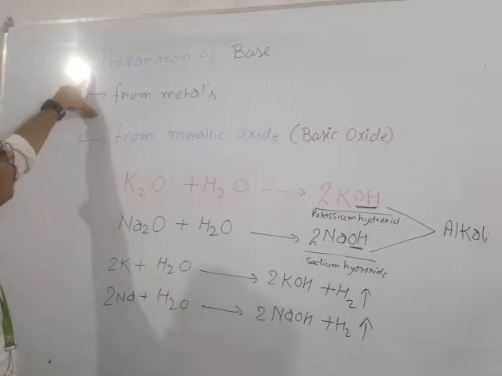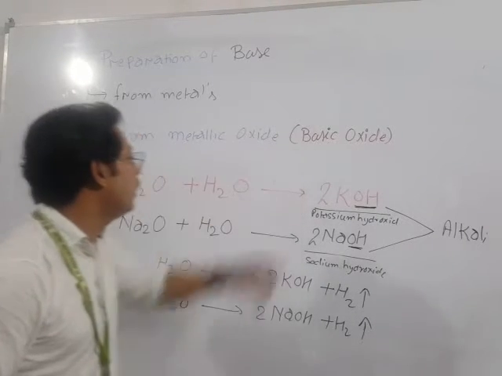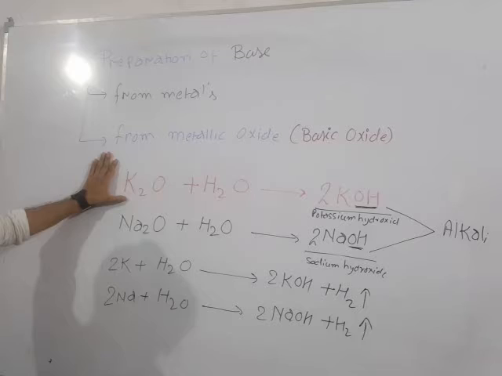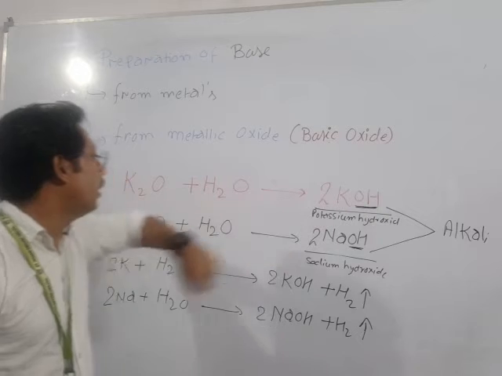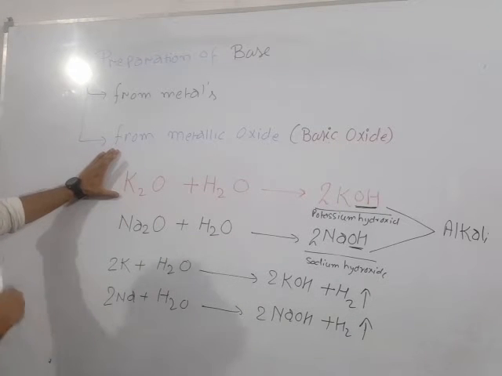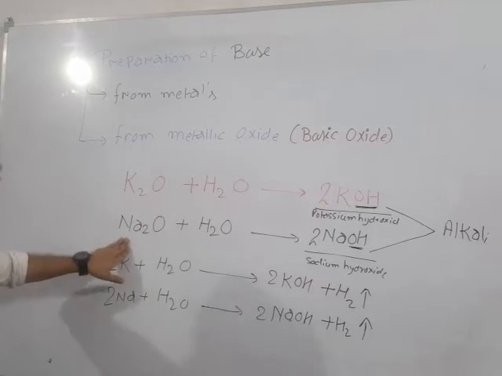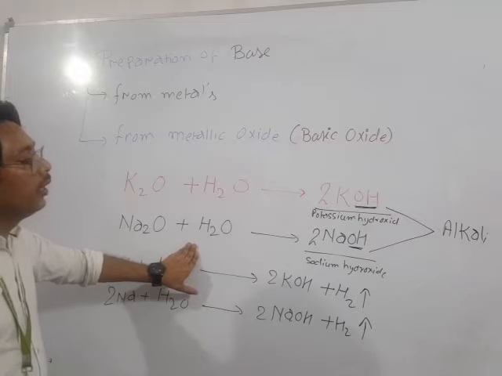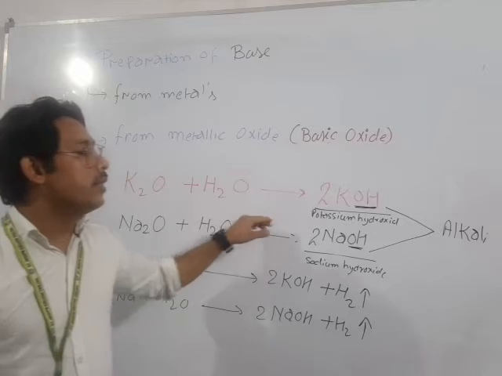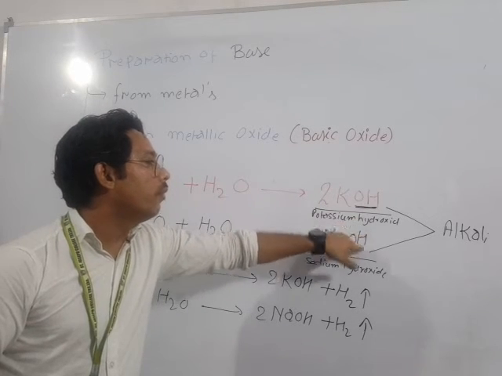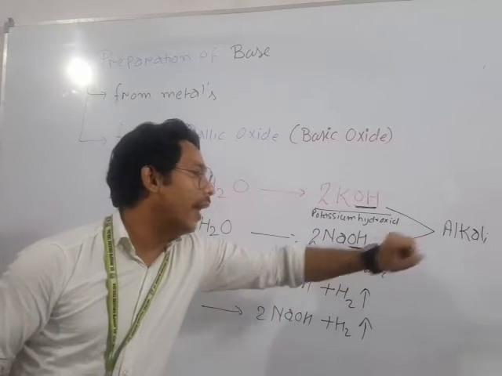Once again, preparing a base from metallic oxide, that is, basic oxide. When you react these basic oxides with water, they form their hydroxides. Potassium oxide reacts with water and forms potassium hydroxide. Sodium oxide reacts with water and forms sodium hydroxide. Both have the hydroxyl ion, and due to the presence of hydroxyl ion they are alkalis.